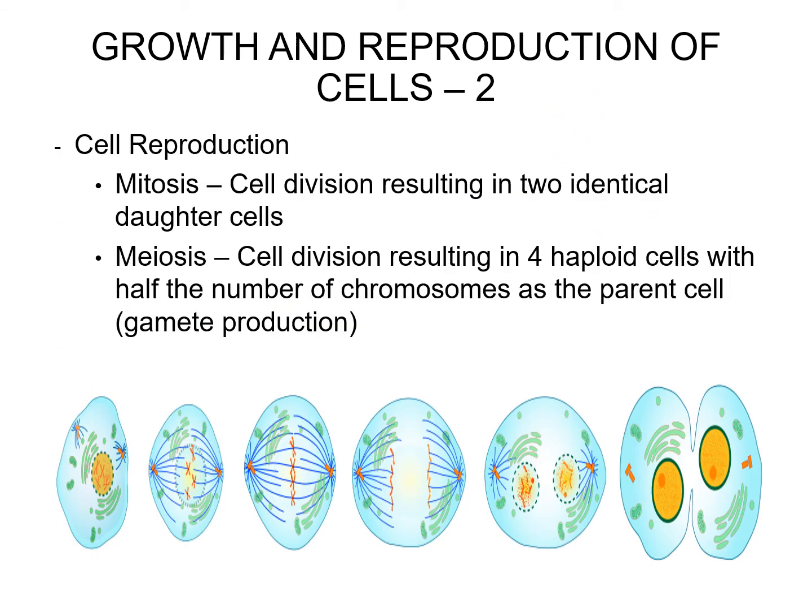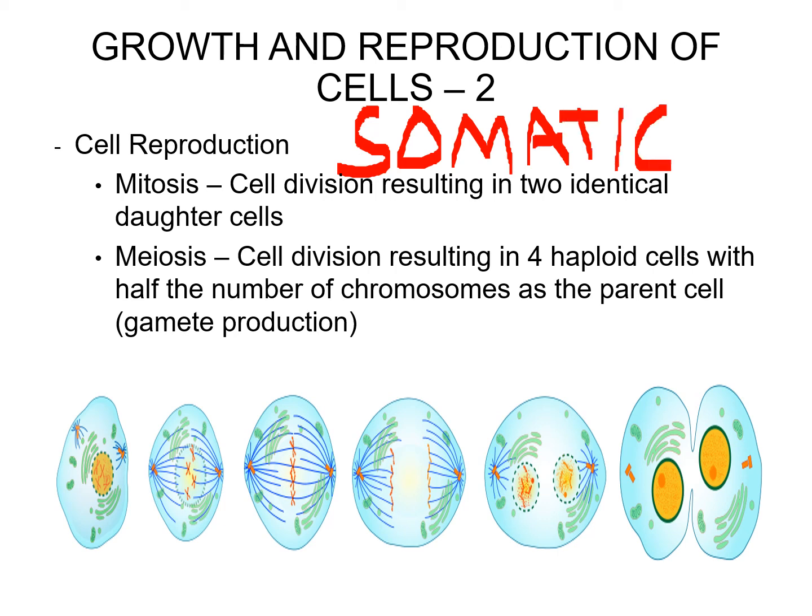So when we do break things apart, once again, there is a difference between mitosis and meiosis. First off, mitosis only happens in what we call somatic cells. And what somatic cells are is everything that is not a sperm and egg cell that's capable of reproducing. So as I keep mentioning, I keep giving you all these different examples. These are your lung cells, your pancreas cells, your kidney cells, your spleen cells, your skin cells.